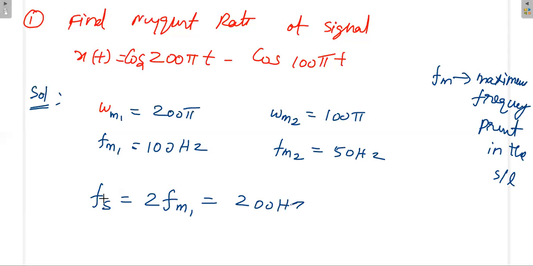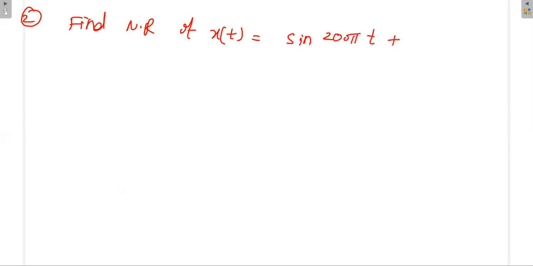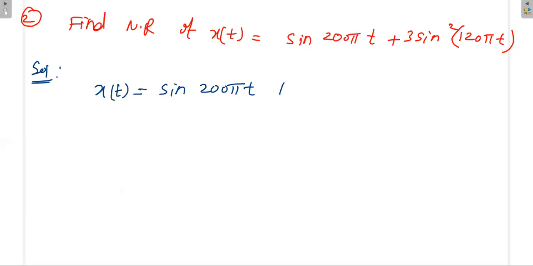Next question: find the Nyquist rate of x of t is equal to sine 200 pi t plus 3 sine square 120 pi t.